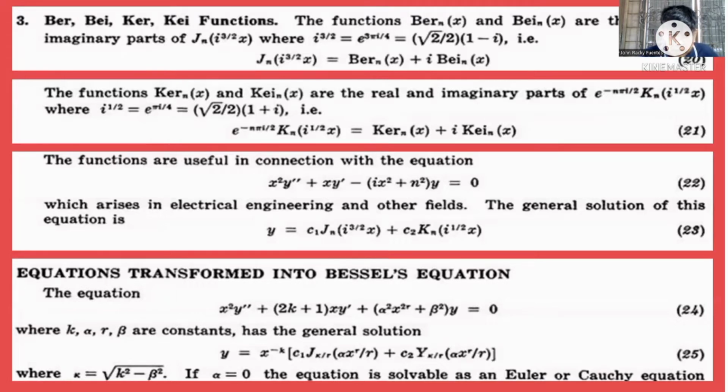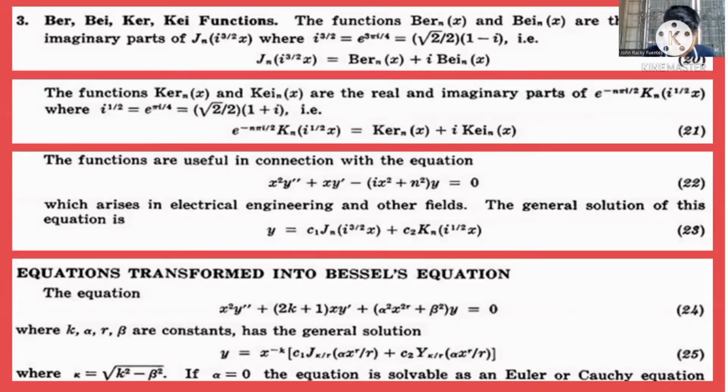y equals x raised to negative k times c sub 1 J sub k over r of a x raised to r over r plus c sub 2 Y sub k over r of a x raised to r over r, where k is equals to square root of k squared minus beta squared.